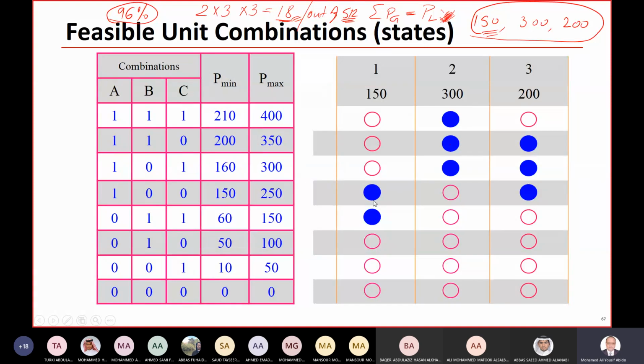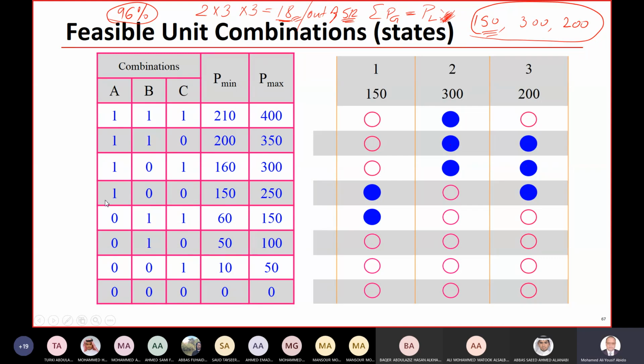combinations, and we will check further these 18 combinations, 2 times 3 times 3. So we will see what the combinations are. Maybe for this one, for example, you have 1 0 0.